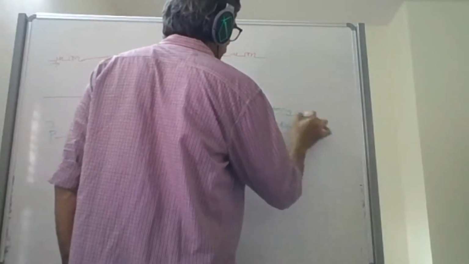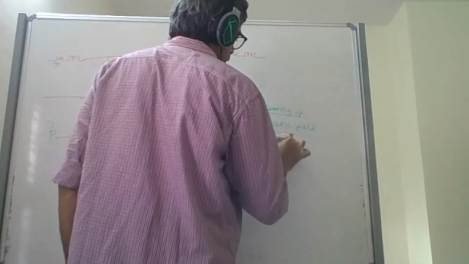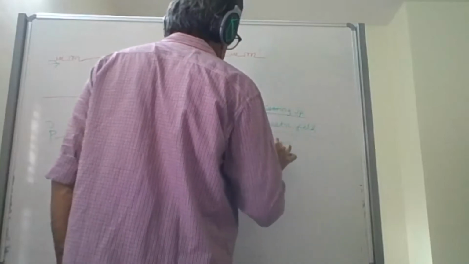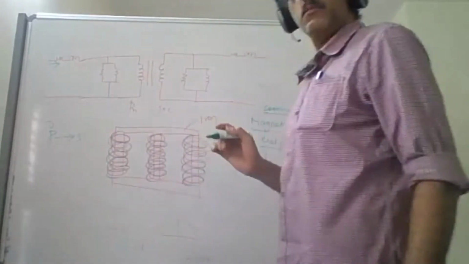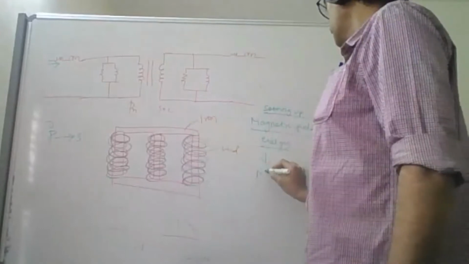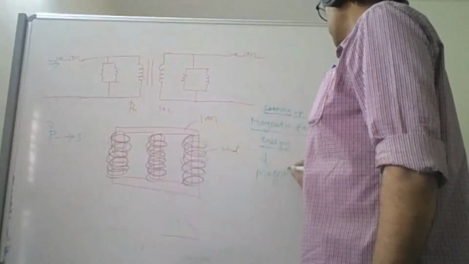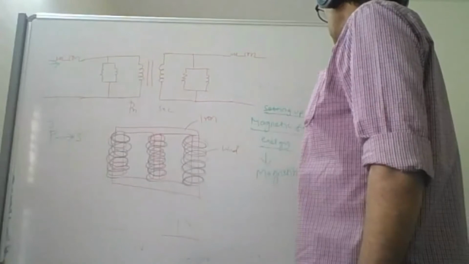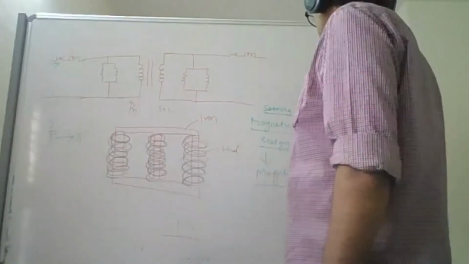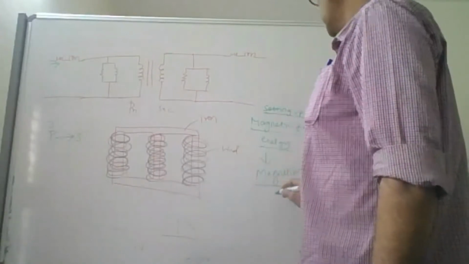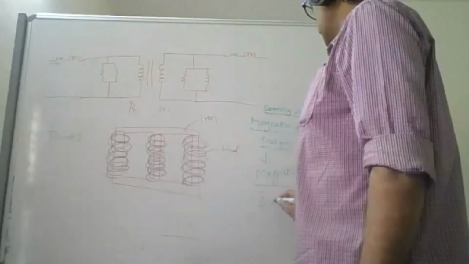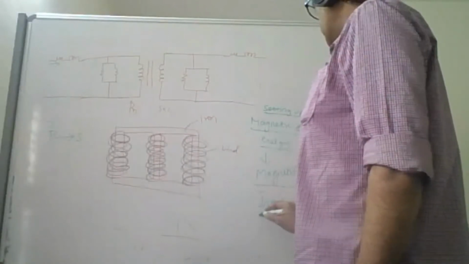To set up that magnetic field, some energy is required. Now that energy is basically your magnetizing current. Now that magnetizing current is what leads to inrush current. Why inrush?